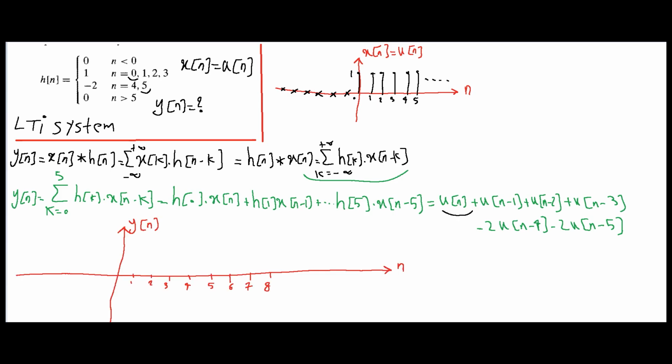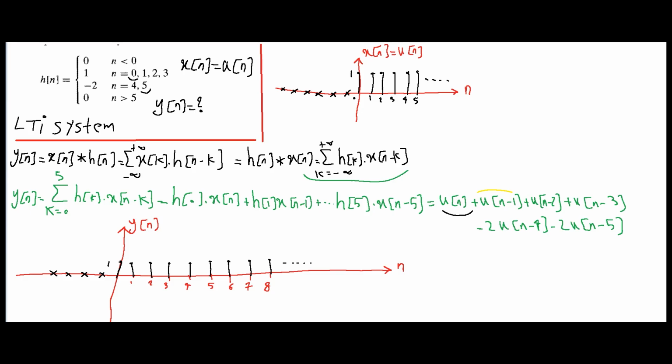If we draw the first one, it's u[n]. For n greater than or equal to 0, it's 1, and for n less than 0, it's 0. And its plot looks like this. The second function is u[n minus 1].